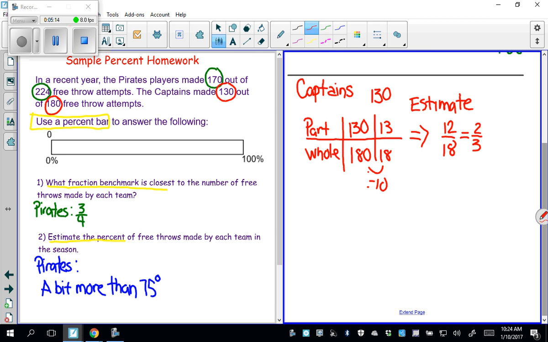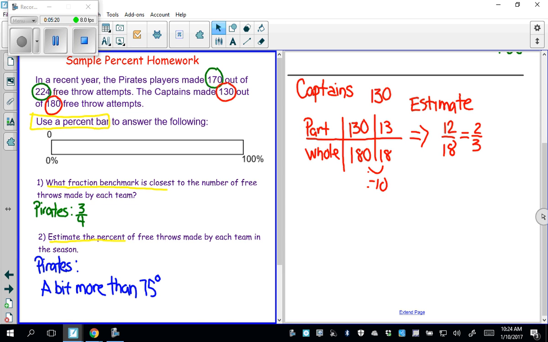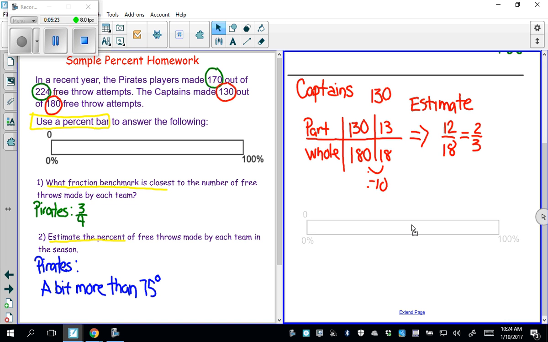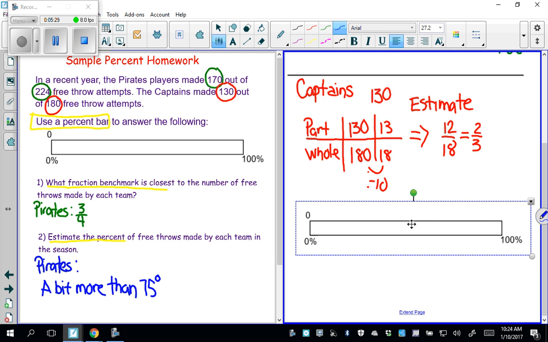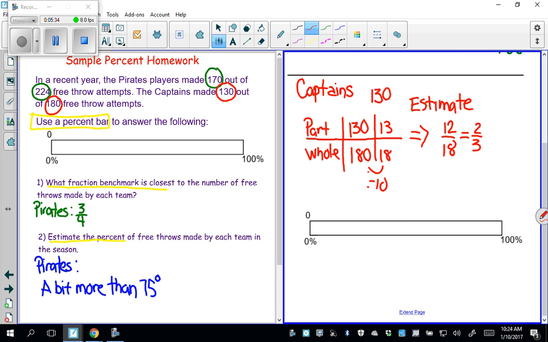So in this case, the ratio table tool can help us also. So you don't forget your old tools. Now if I want to put that to a percent bar, I'm going to read about the Captains, and if their total attempts, the whole, was 180, I can see that it's very close to 2/3. So when this is divided into thirds, I can count by 60s.